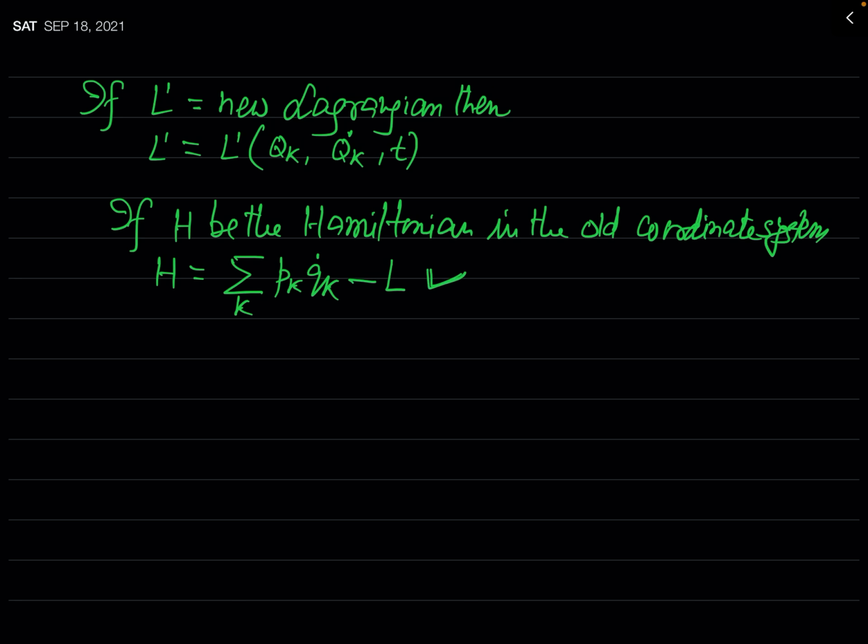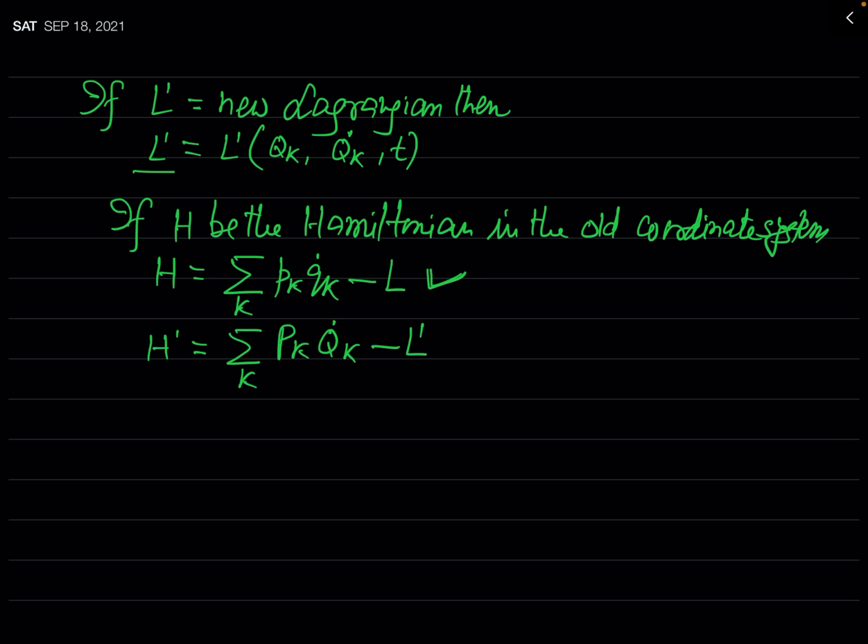And so in the light of this equation, if the transformation is canonical, then the new Hamiltonian in the new coordinate system, that is H prime, will be defined like this: summation over k of capital Pk capital Qk dot minus L prime. You can see we have assumed that this L prime is the new Lagrangian.